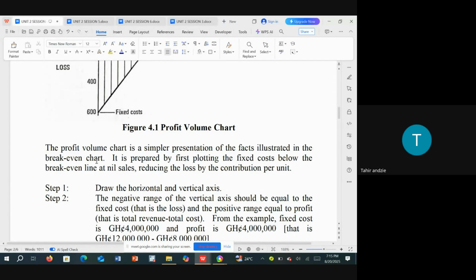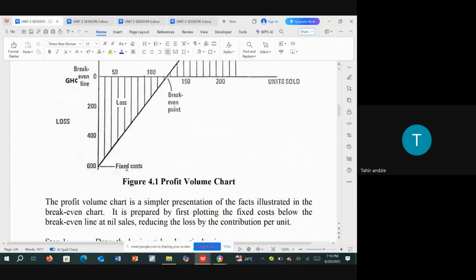It is prepared by first plotting the fixed costs below the break-even line at nil sales. So the break-even line at nil sales is this, and this is the fixed cost. Fixed cost is the maximum cost when output is zero, so that is the maximum loss. So you put that one there.